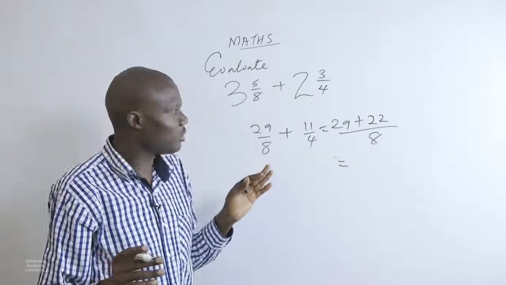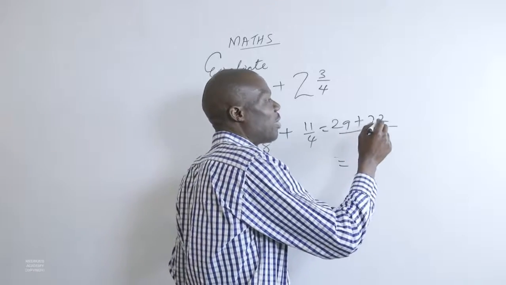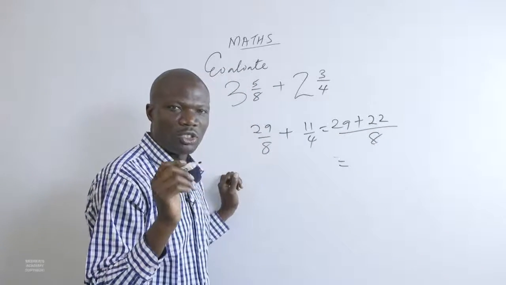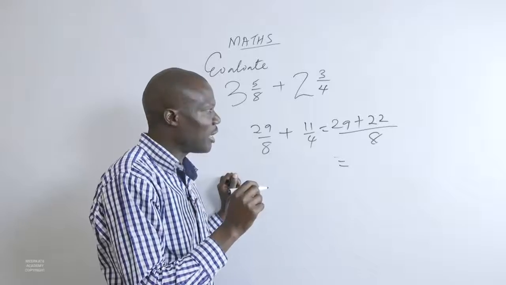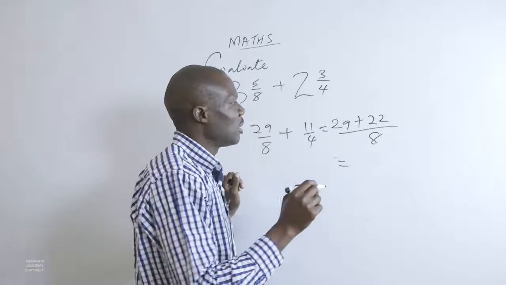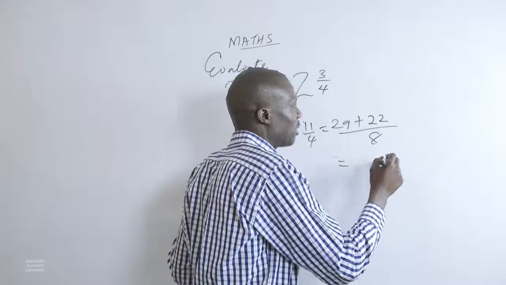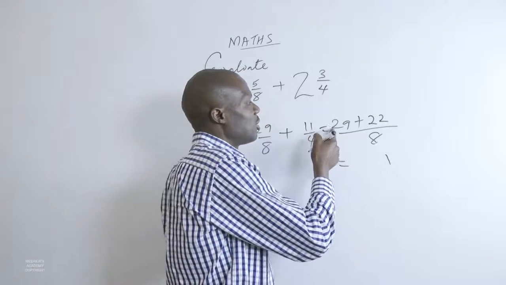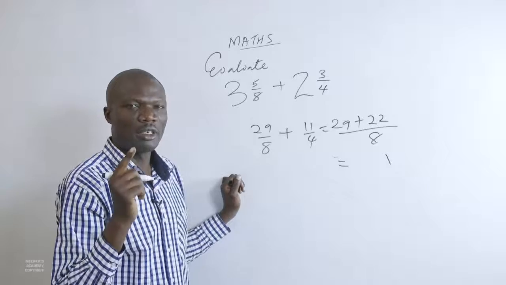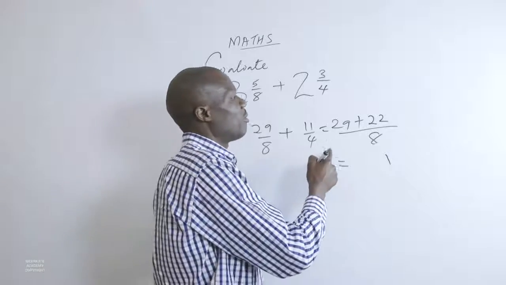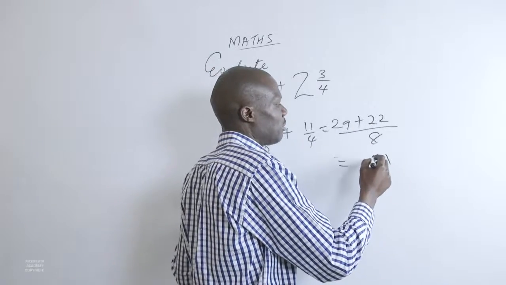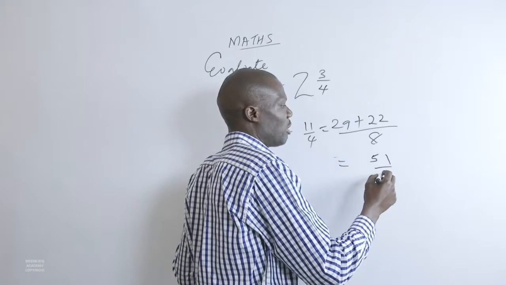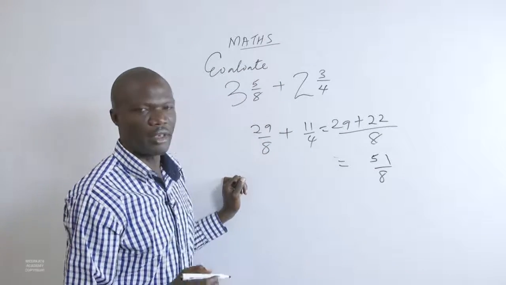When you add the two together, 9 plus 2 is what? 11. Carry 1. 1 plus 2 is 3. 3 plus 2 is 5. So here you're getting 51 over 8.